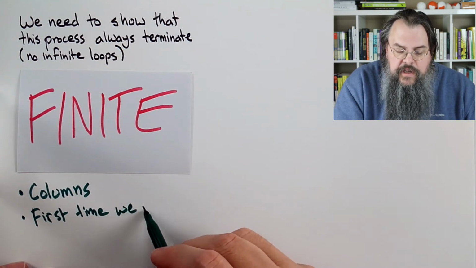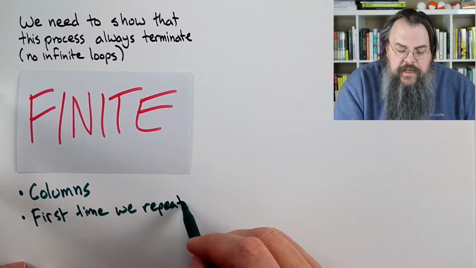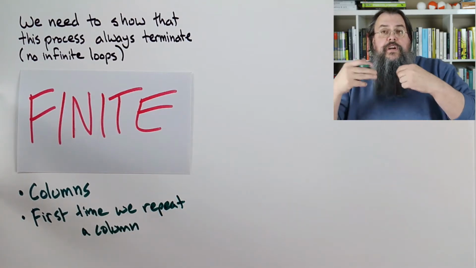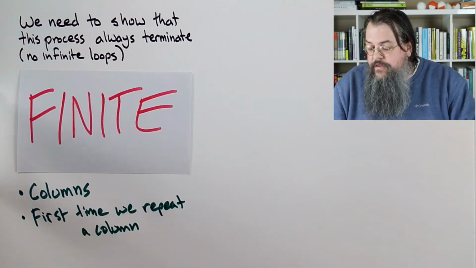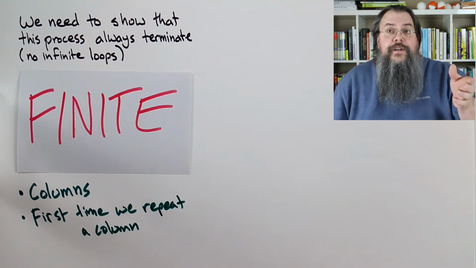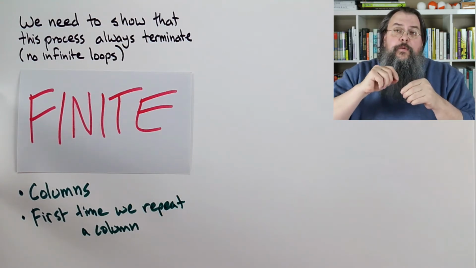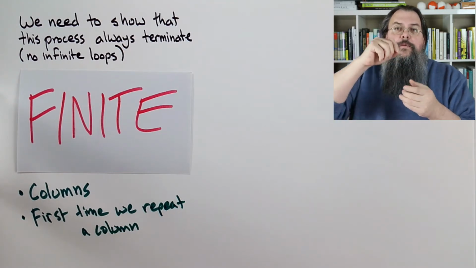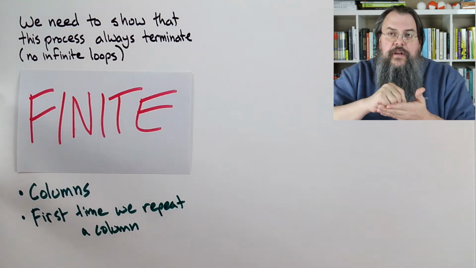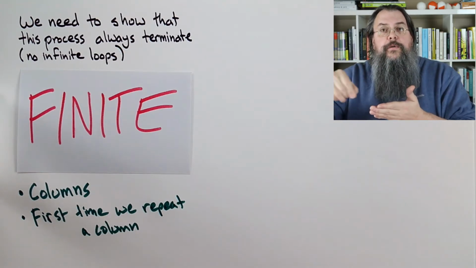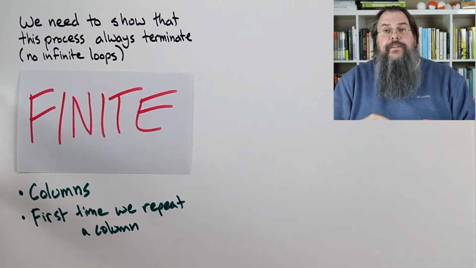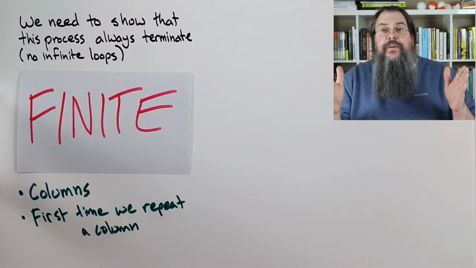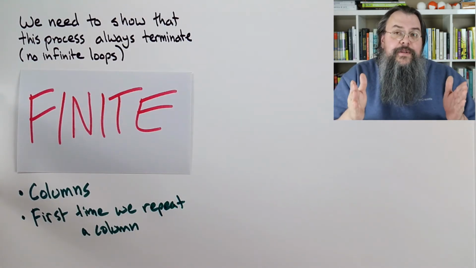What I mean by that is not necessarily the first time that we see two rooks in the same column, because when we start placing rooks, there are already rooks on the board. What I mean is that when we are resolving a series of conflicts, we ask, have we seen that column before when we tried to resolve? It will have to happen eventually because there's only finitely many columns. And there'll be a first time that happens.